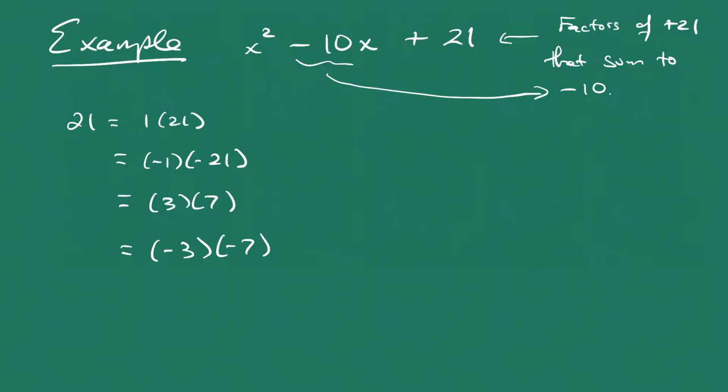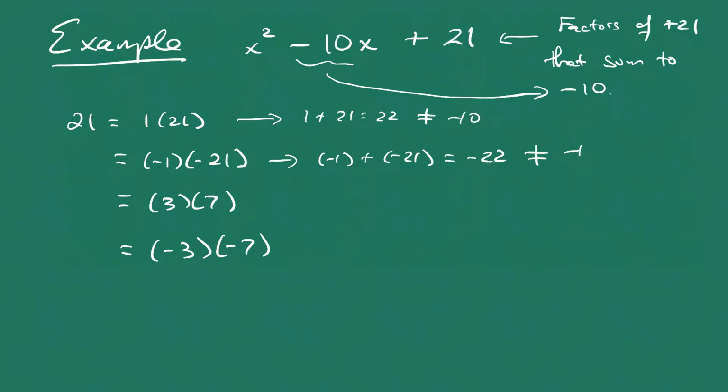In fact, if we look at all of the ways really to factor 21, we have 1 times 21, a negative 1 times a negative 21, 3 times 7, and a negative 3 times a negative 7. Well, looking at our sums, 1 plus 21 gives us 22. Nope, not negative 10. If we look at negative 1 plus a negative 21, we get a negative 22.